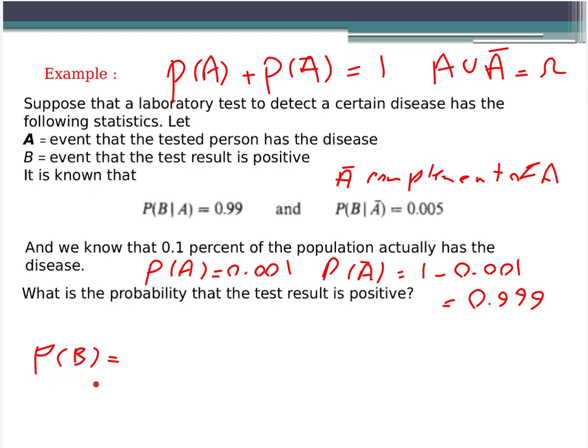How can we compute the probability of B? What formula should we use? Could anyone say how we compute the probability of B? Other answers, other students.